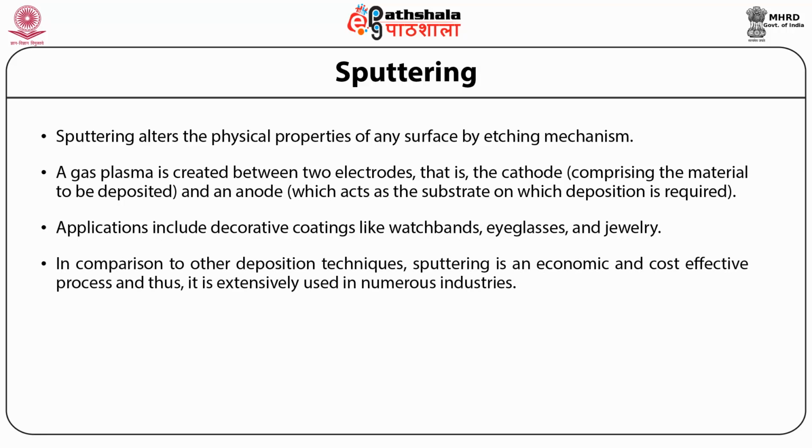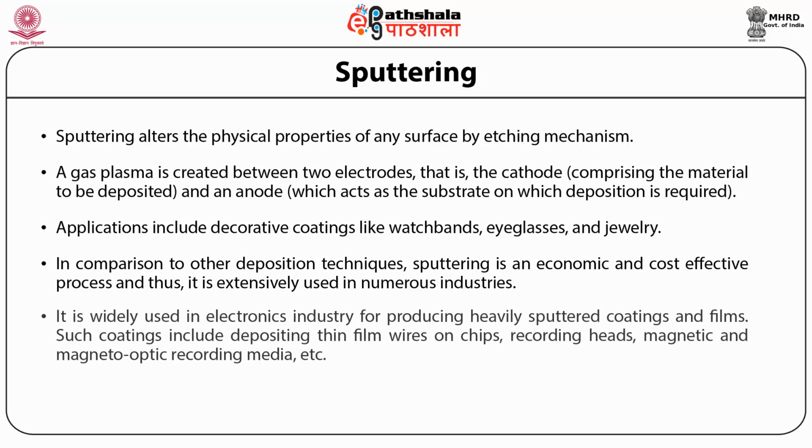In comparison to other deposition techniques, sputtering is an economic and cost-effective process, and thus it is extensively used in numerous industries. It is widely used in electronics industry for producing heavily sputtered coatings and films.